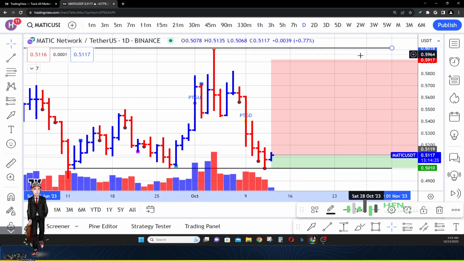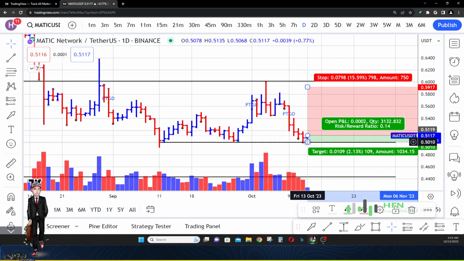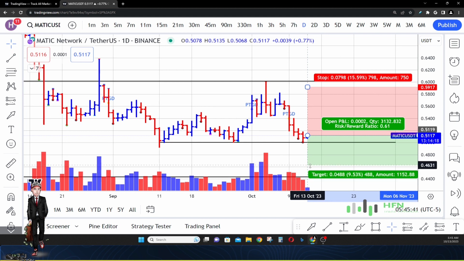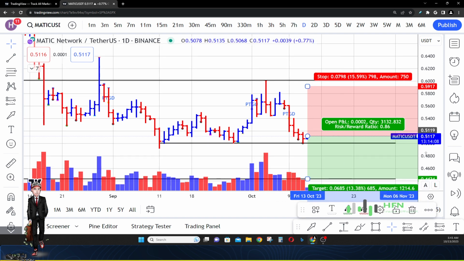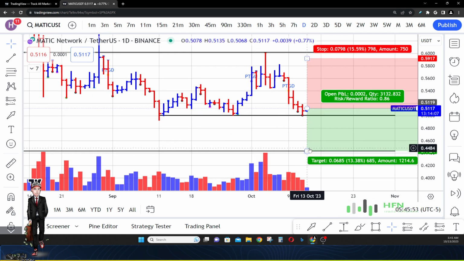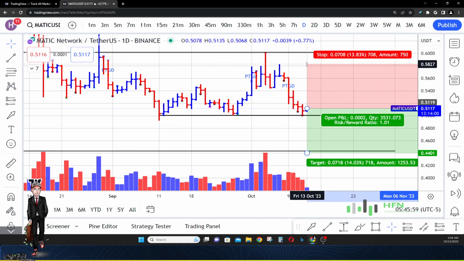Our second target was around 45 cents. Which is 11.97% move down. And then our third target is going to be around 44 cents, which is 14.03. Okay.